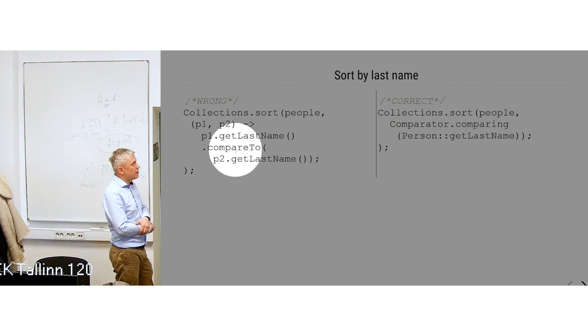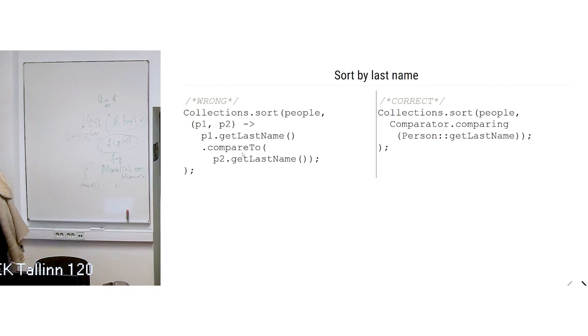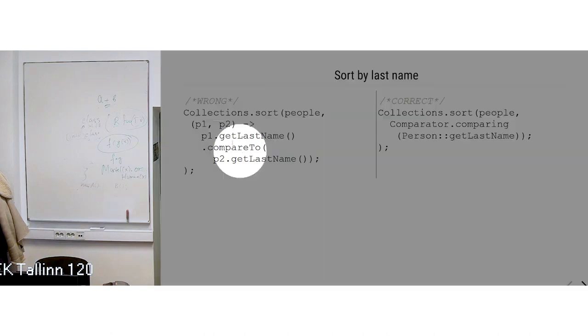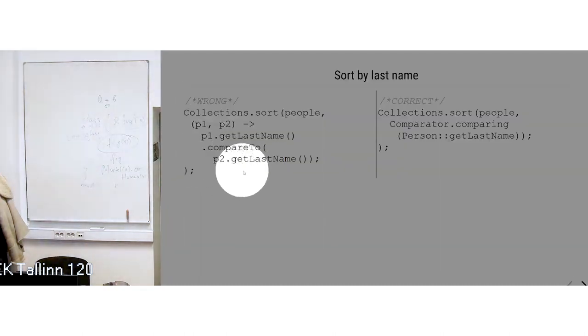And this lambda itself cannot be converted to a method reference, just because we have a method call here and a method call there, and it's too complicated. But we have a utility method called comparing on the Comparator utility class.